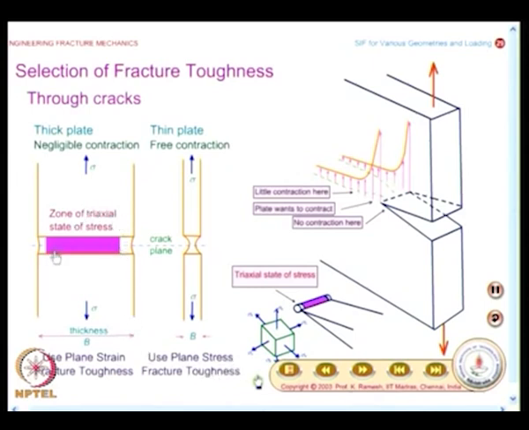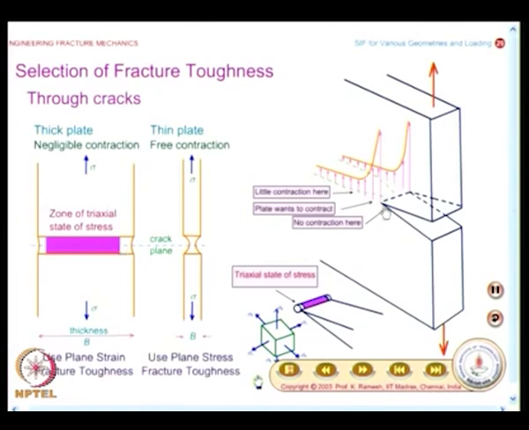So, the combination of stress intensity factor value and the selection of fracture toughness ultimately dictates the fracture instability phenomena. On the other hand, in the case of a thin plate, you have a free contraction, and what is recommended is you have to use plane stress fracture toughness for your fracture instability calculations.